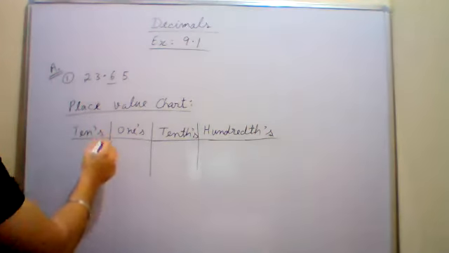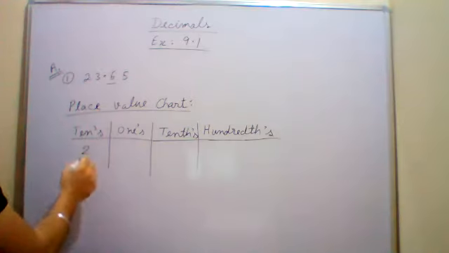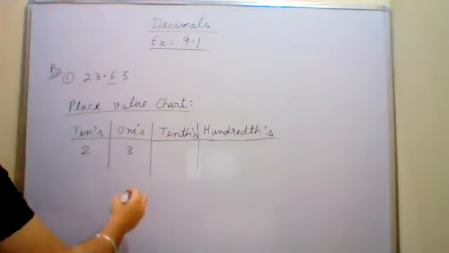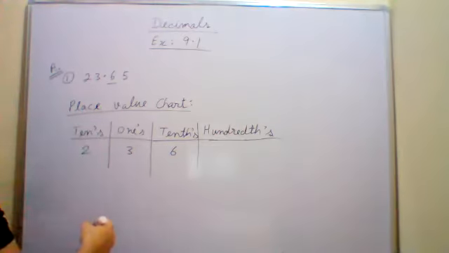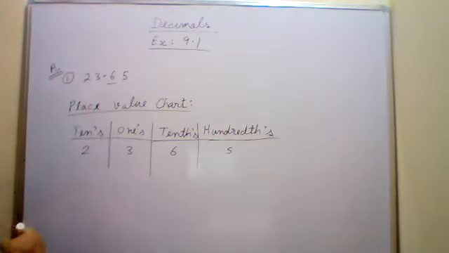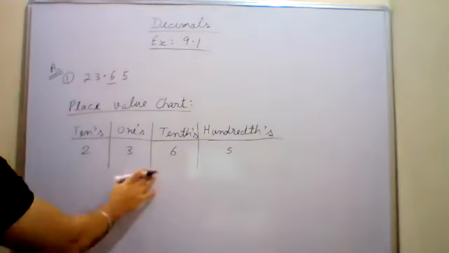So first the tens place. What is the digit at the tens place? It is 2. Ones place, it is 3. Tenths place, the digit is 6. And at the hundredths place, the digit is 5. Got it? Have you all understood the place value chart?